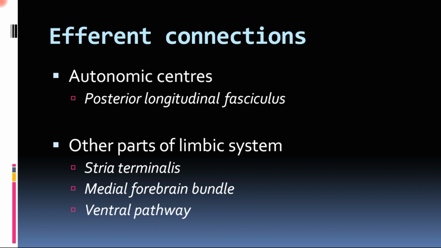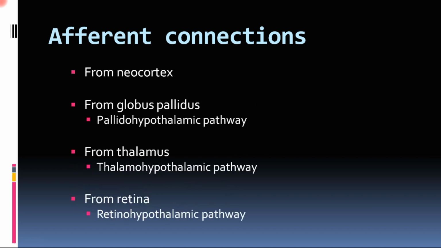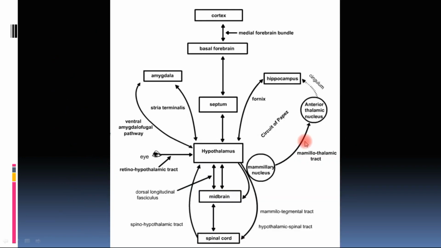So the first output coming from the hypothalamus is to the autonomic centers. This is coming with the help of the posterior longitudinal fasciculus. As you can see in this diagram, the dorsal or posterior longitudinal fasciculus is coming from the hypothalamus to the midbrain and also to the spinal cord.